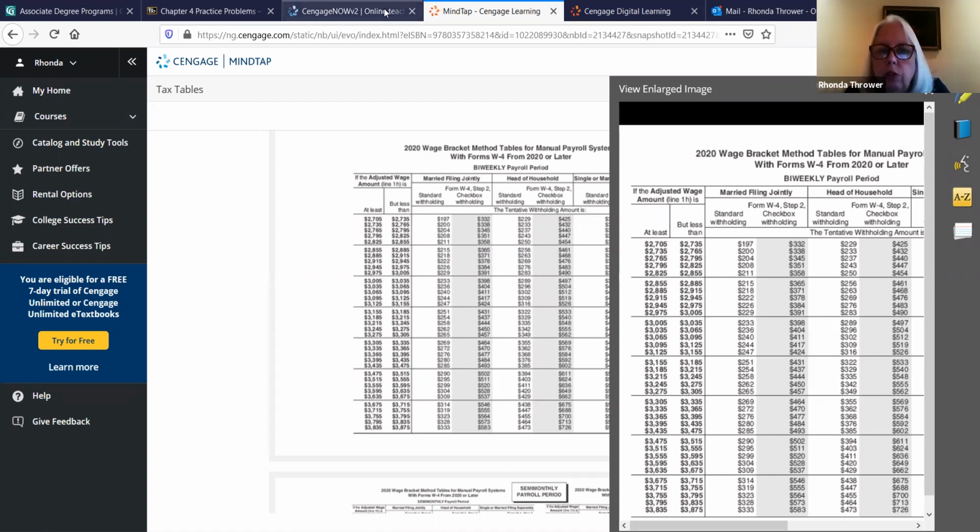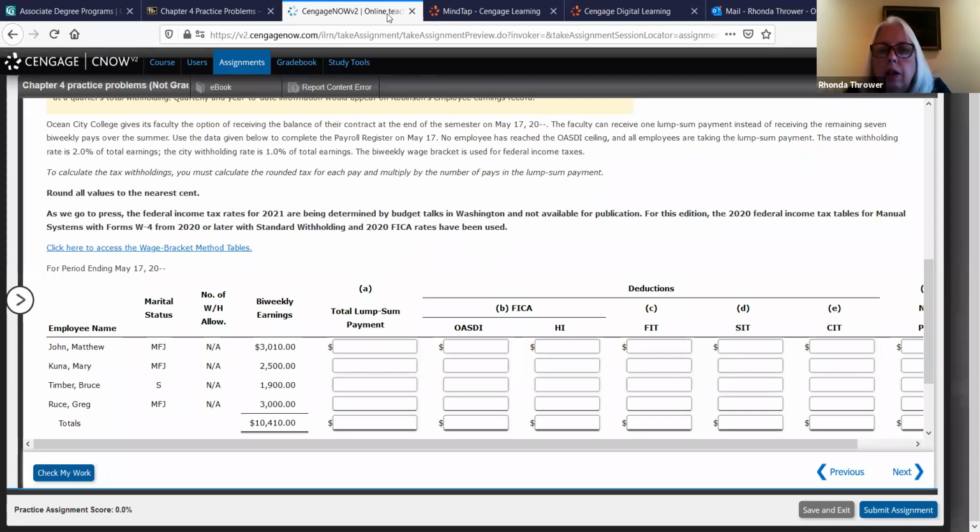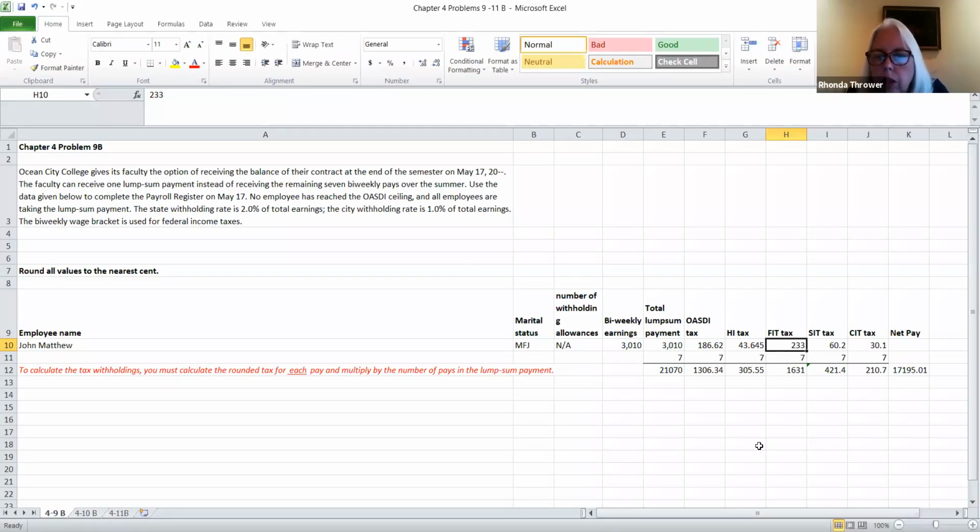So I'm going to go back to my screen, back to my Excel problem. And that's where the $233 came from. It came from that wage bracket method. The person was married filing jointly, and they had total biweekly earnings of $3,010.